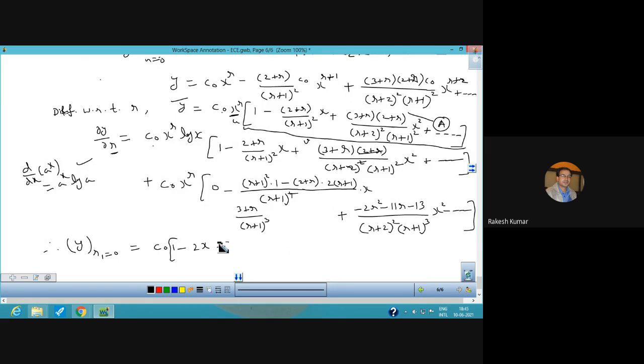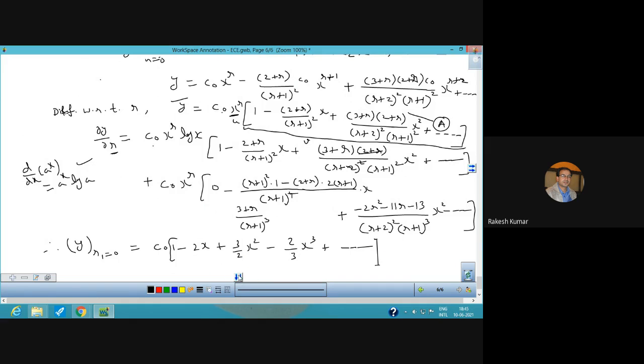Similarly, put r equal to 0 here, so 2 into 3 is 6, 2 square is 4. So 6 over 4 comes out to be 3 by 2. So that is 3 by 2 x square. And similarly, in the next term, you will have minus 2 by 3 x cube. Here, the more terms you can find, the better. You need to find a maximum of terms.